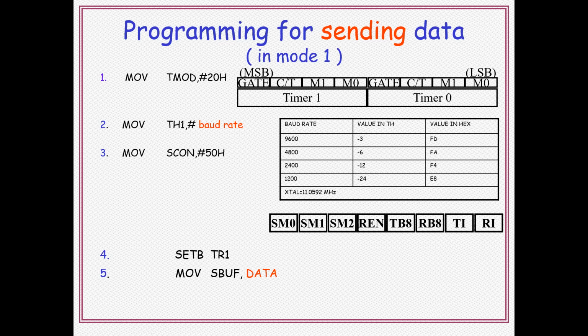Auto reload mode 2 is selected as M1 M0 equal to 10, so the value is 2. Timer 0 is not used, so it is 0. So M1 and M0 being 10 indicates that the timer is in mode 2. That is loaded into TMOD, so TMOD register initialization is completed, and timer 1 mode 2 is selected.